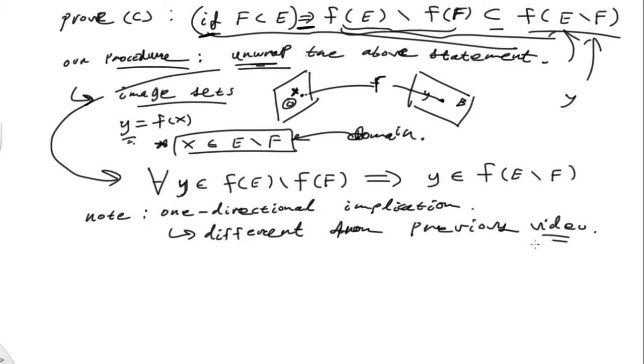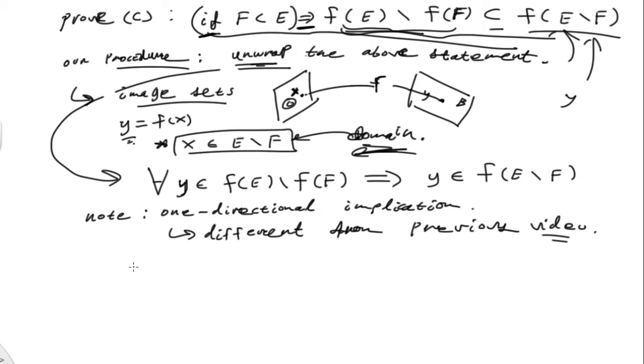In the previous video, we proved set equality, which required also proving the converse. We had to go backwards. But in this case, we're not going backwards. We're only proving that this set is a subset of that. So it's a one-directional implication, and the proof will be simpler.